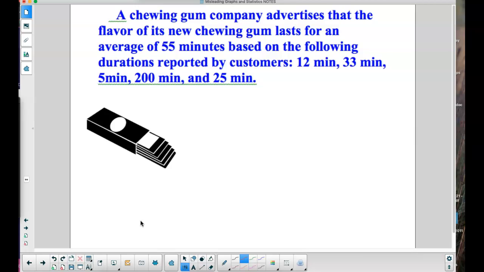There's 2 outliers, 5 minutes and 200. Yeah. You have two very extreme differences. Okay, and the person who chewed their gum for 200 minutes, they're lying. Right? They gotta be. Gum doesn't last that long. They're like the girl on Willy Wonka and the Chocolate Factory, right? Who chews their gum forever.